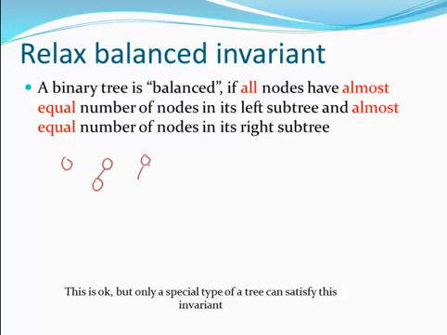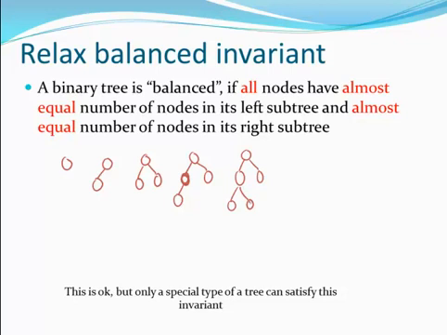Or with this, a balanced tree of 3 nodes can be developed. Or you can have a balanced tree of 4 nodes, because you have almost equal numbers of nodes in the right and left subtrees for each node. For instance, this one has 1 on the left subtree and 0 on the right subtree. So here's a balanced tree of 5 nodes.